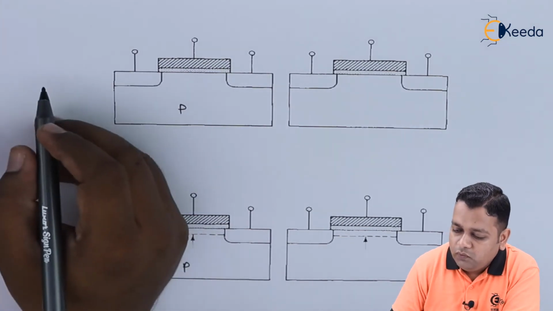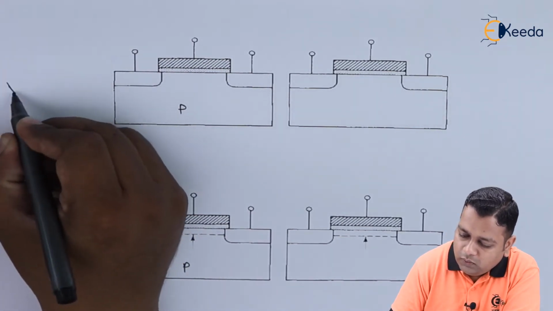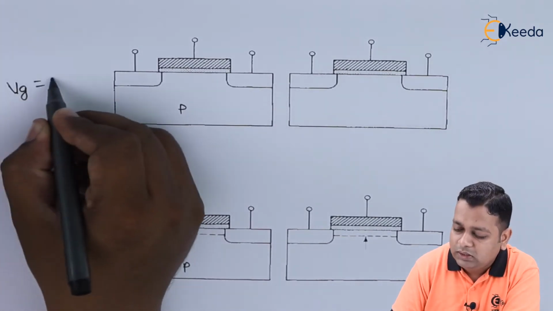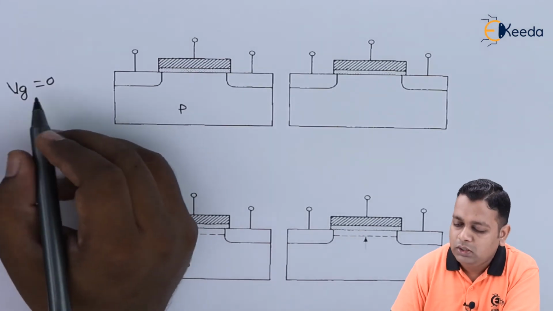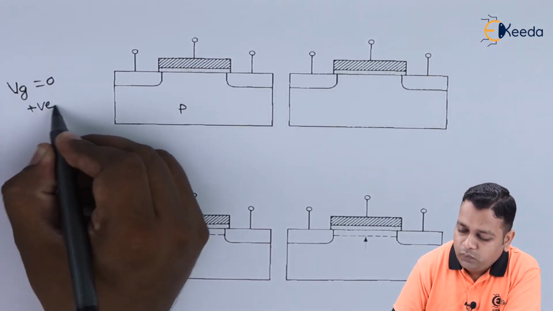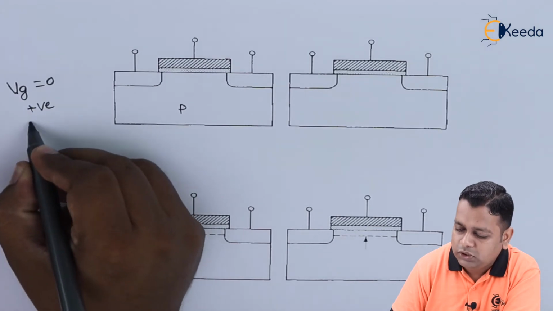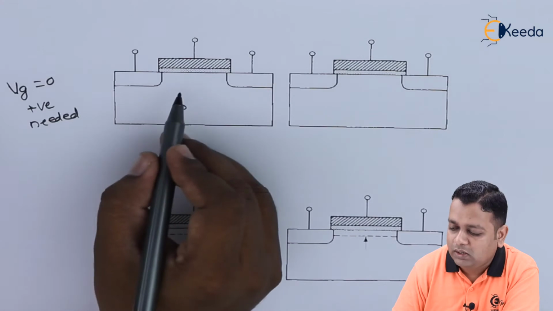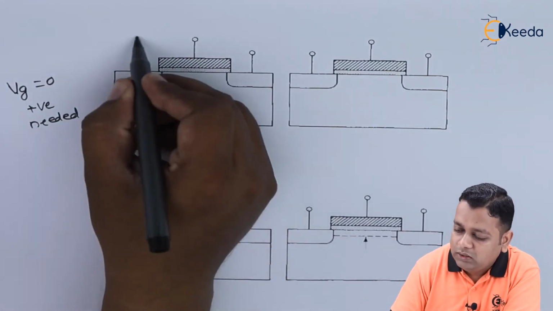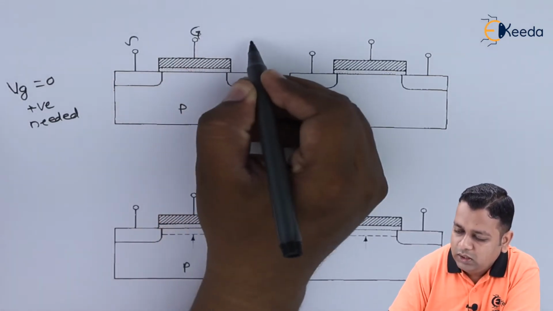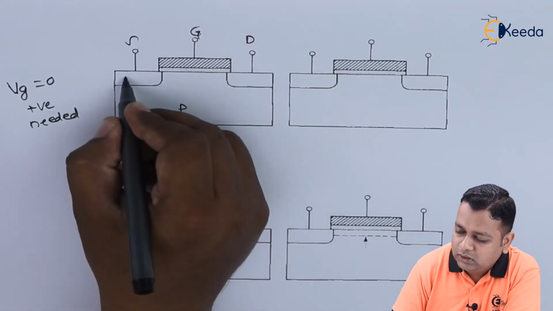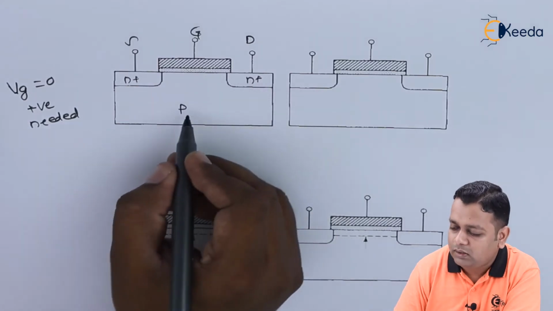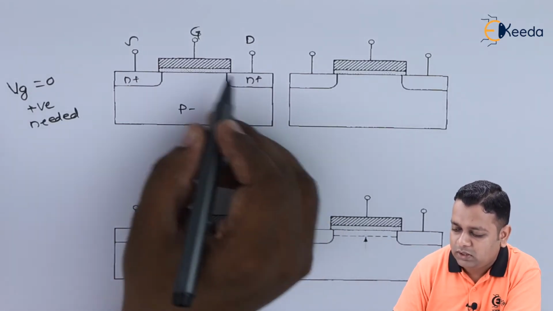So when we have the gate potential simply represented as Vg, that is initially equal to 0, so that it should be of the positive type. The positive type is needed so that we can have the channel and further operation when these are the source, gate, and the drain terminals corresponding to the heavily doped n-type regions here and the p-type semiconductor material here.